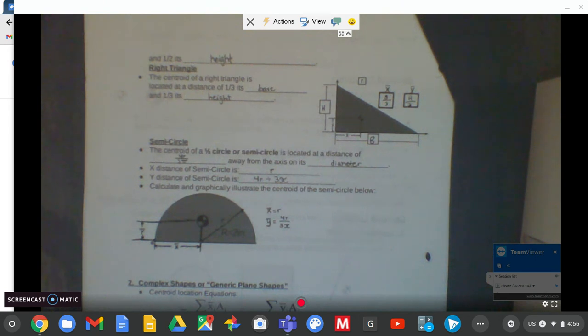The reason is that a triangle is a square, or a rectangle, cut in half. So you're doing the same formula, but just dividing it by 2. And to find the centroid coordinates for a right triangle, this is just for a right triangle, instead of dividing by 2, you divide by 3.